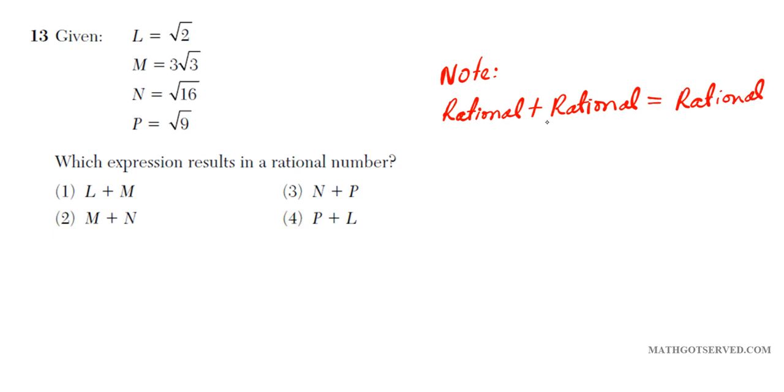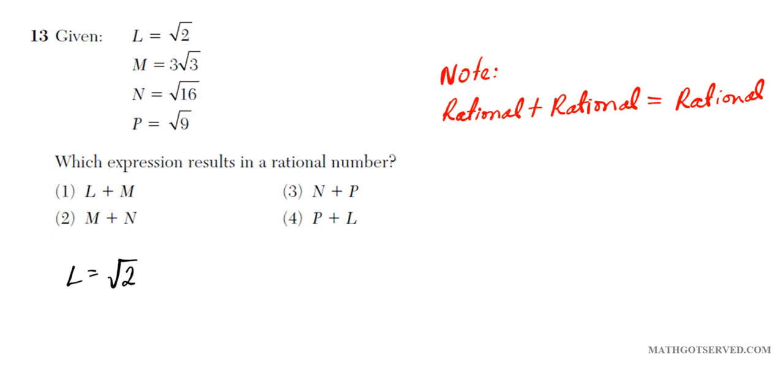Okay, rational numbers are numbers that have no square roots in their simplified form. Okay, so if we simplify any of these options and we do not have a radical symbol anymore, then we know that it is rational. All right, so let's take a look at them one by one. L is root 2. Can this be simplified any further?